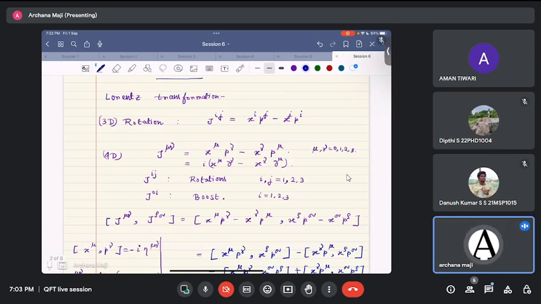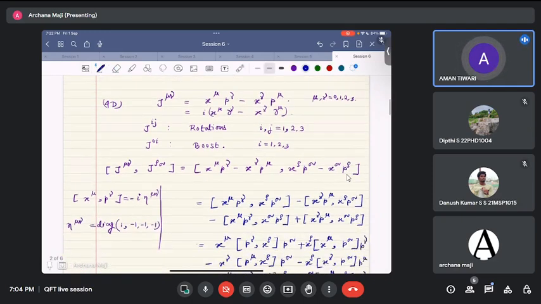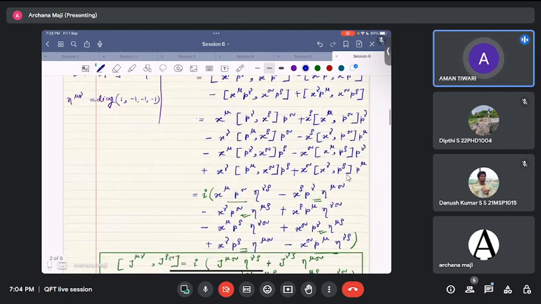Do you want to mean this J mu nu here? Like if I have to write this in terms of x, if I want to insert it so that I can get the transformed x equal to the generator, which is identity minus i generator into x sigma.